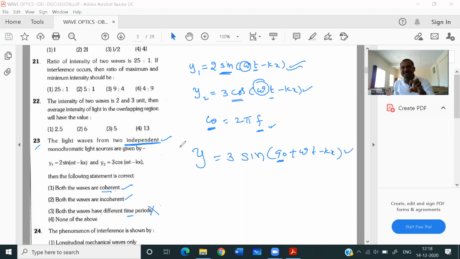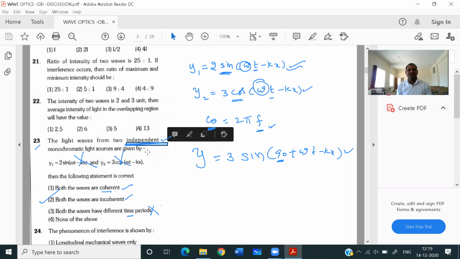One cannot decide at what time an electron in an atom goes to the excited state. So due to this reason, two independent sources can never be coherent. So we can say both the waves are incoherent without knowing these two equations. No need to see these two equations. Just independent sources are given.